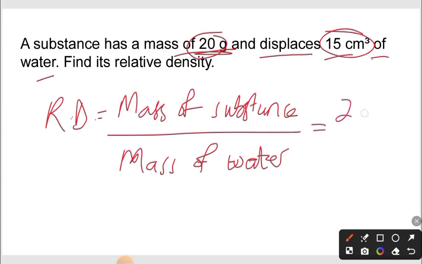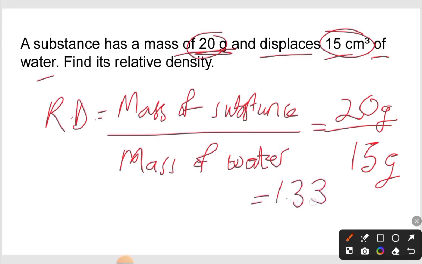So mass of substance is 20 grams. So this 15 cm cube will actually be 15 grams. So when we cancel out, you are going to have 1.33. That's the answer to this question.